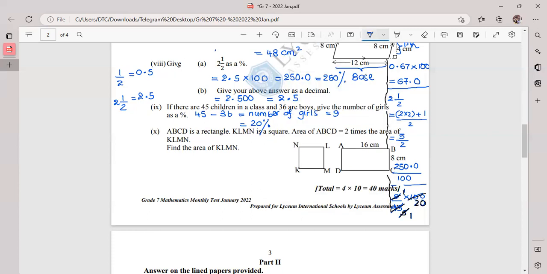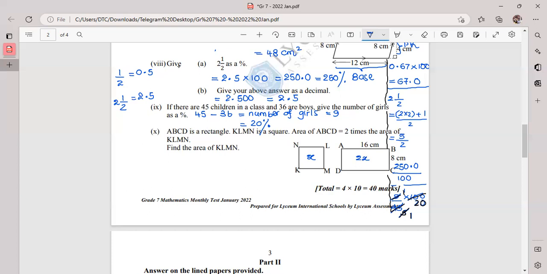The last question here: ABCD is a rectangle, KLMN is a square. The area of ABCD is 2 times the area of KLMN. If this is X, this is 2X. Right? Find the area of KLMN.